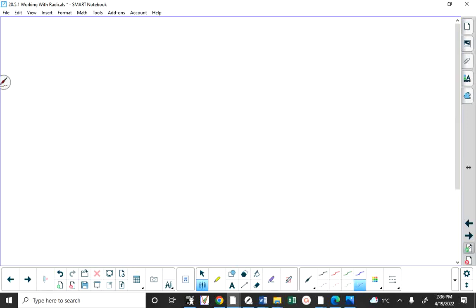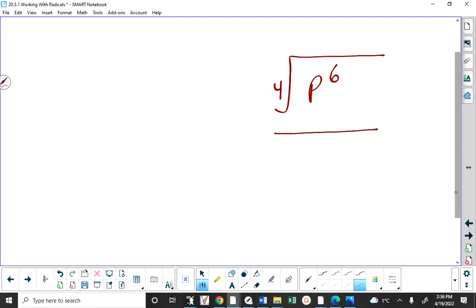If I asked you to simplify this, just that, then you would write the fourth root of p times p times p times p times p times p. So this group of 4 would be extracted. You're with me?